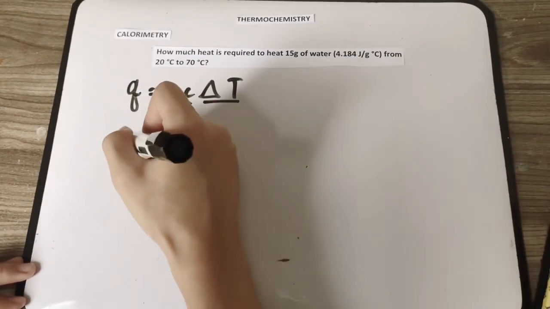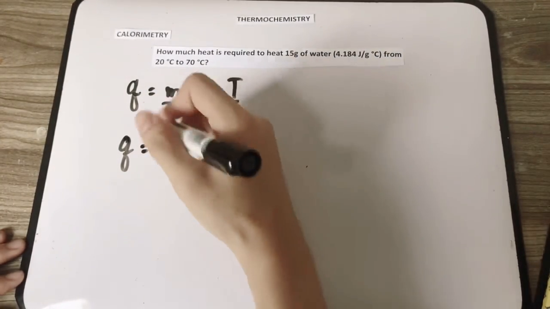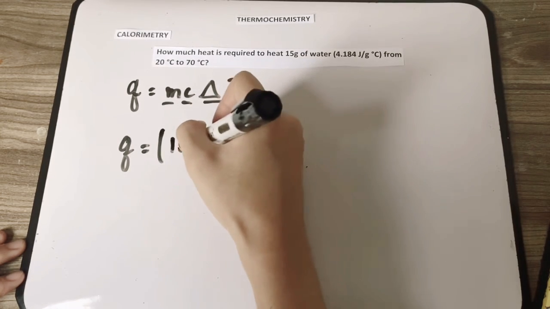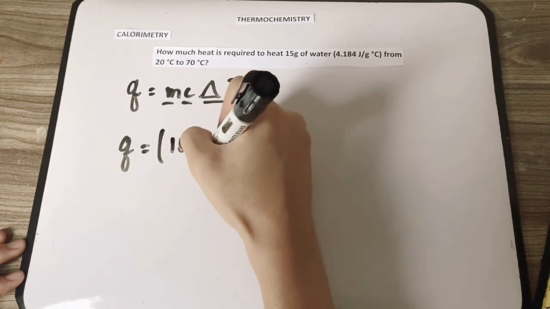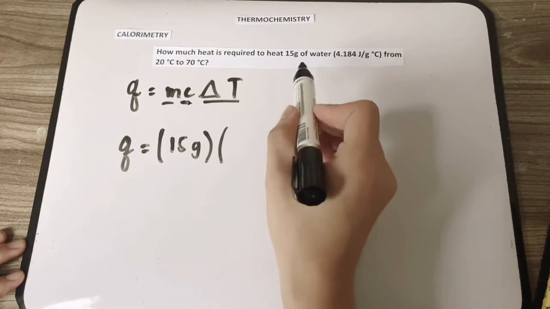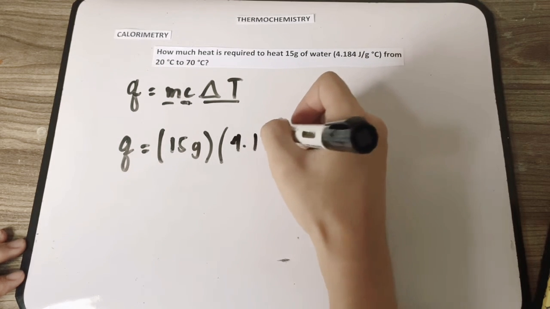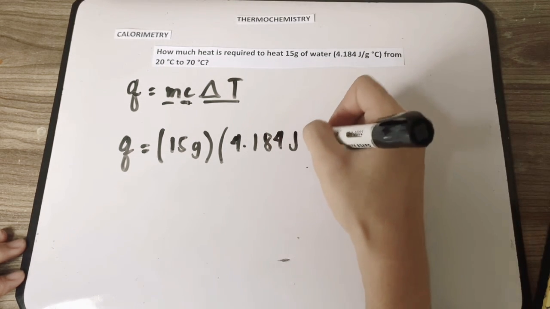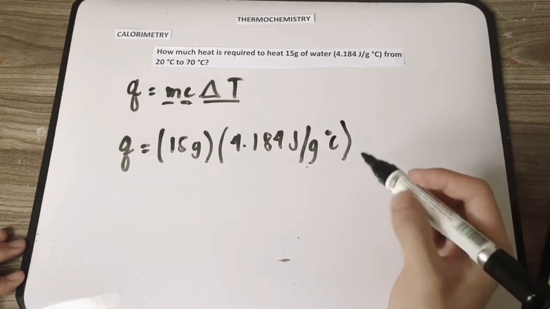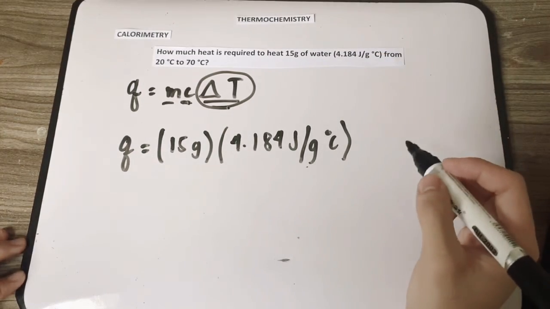Q is equal to mc delta T, where Q represents the heat absorbed or released. So our mass is 15 grams and our C is 4.184 joules per gram degrees Celsius. By the way, C represents the specific heat capacity.